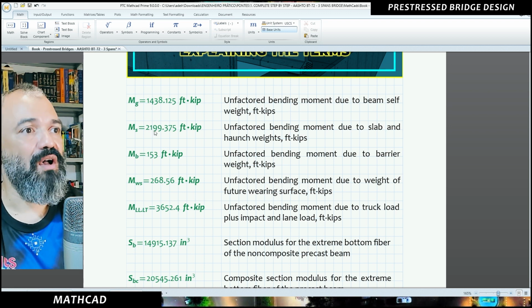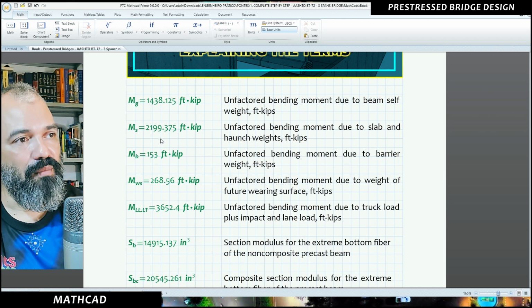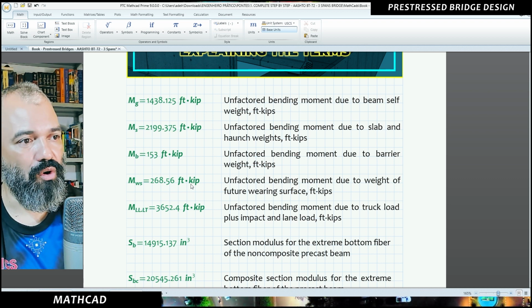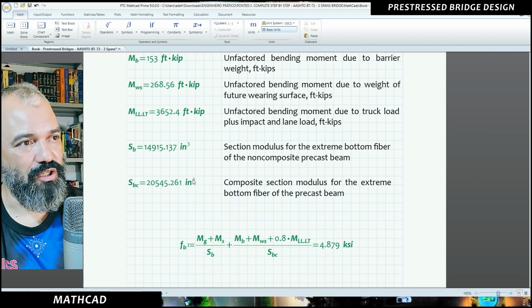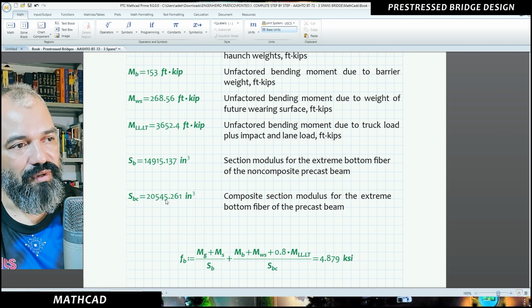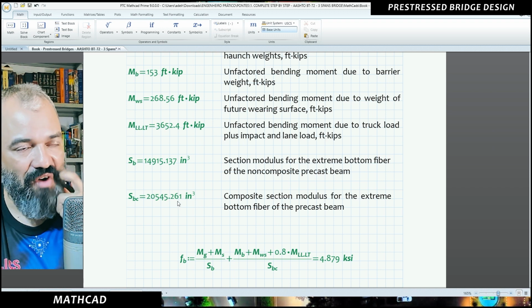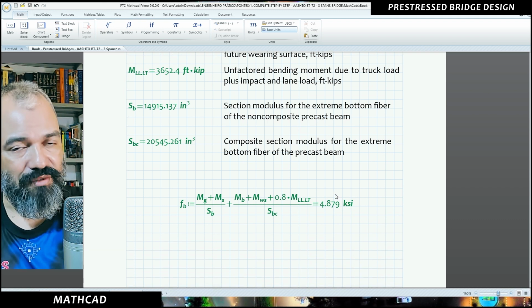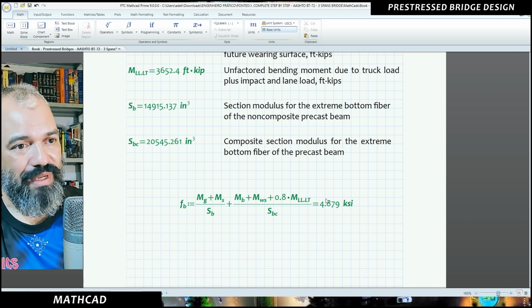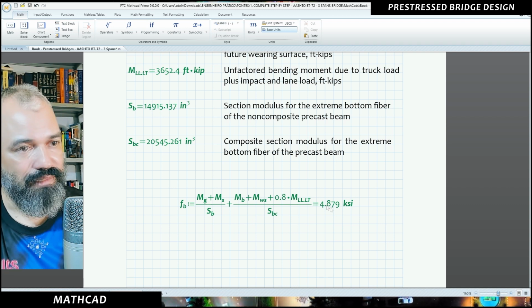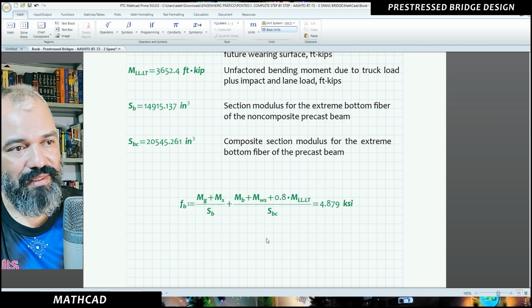These moments were previously calculated in this course, so please pay attention. If you can't remember, go back to the classes where we defined the composite section of our girder. So this is the amount of stress that we need to take into account for the 879 ksi.